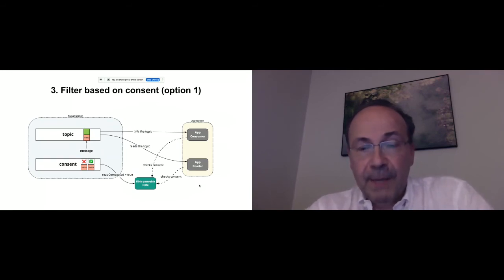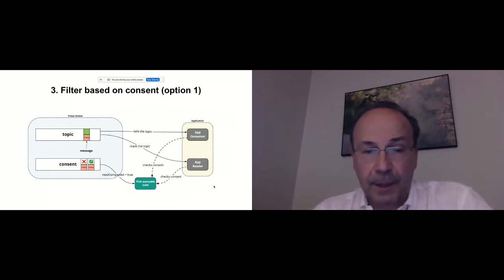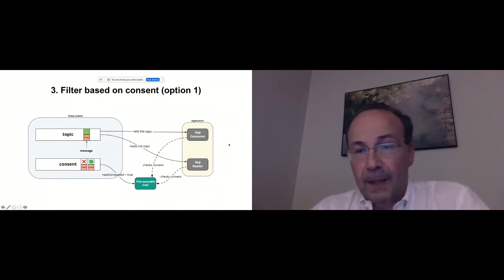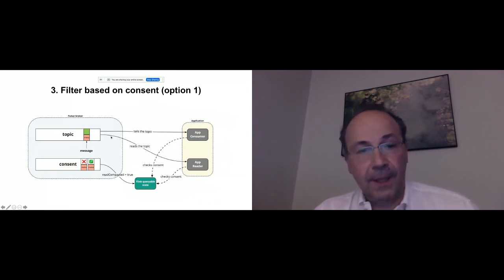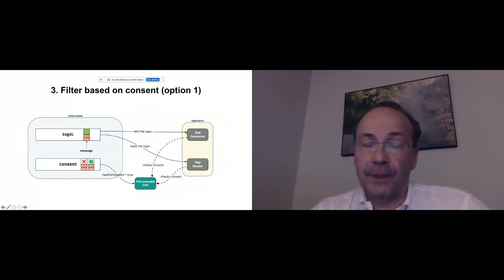Imagine a Flink queryable state that is created by reading the consent topic with read compacted equals to true. Our application, consumer, or reader can now check the consent in the queryable state and apply it before it delivers the information of the message to the application.